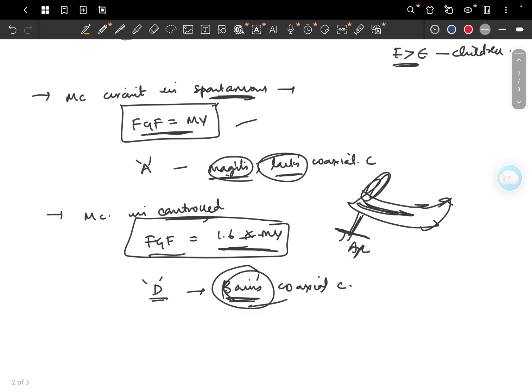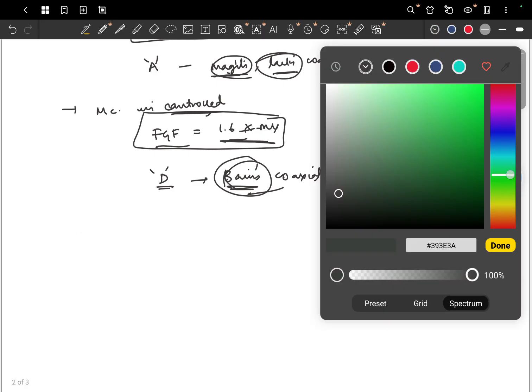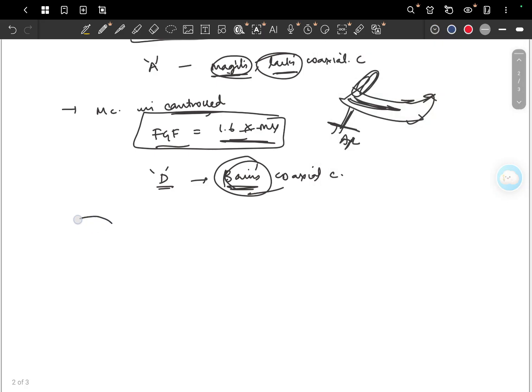And one more important point is what is Ambu. So Ambu looks something like this. It has a bag, then we have this mask of triangular shape.